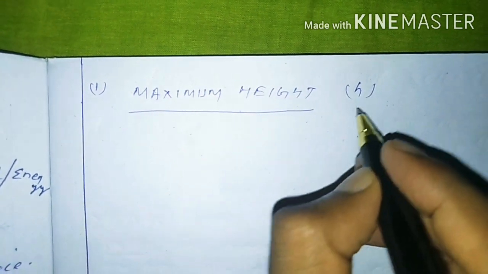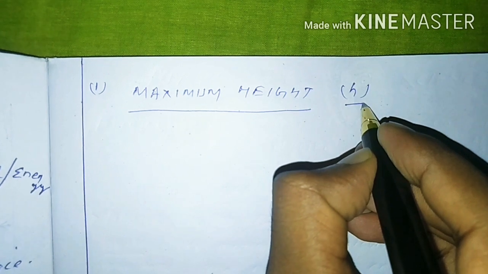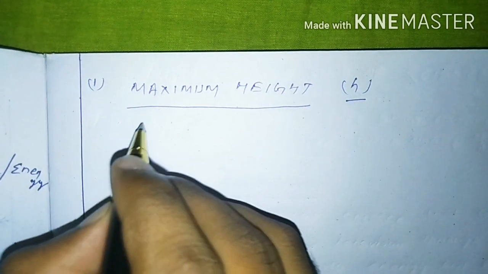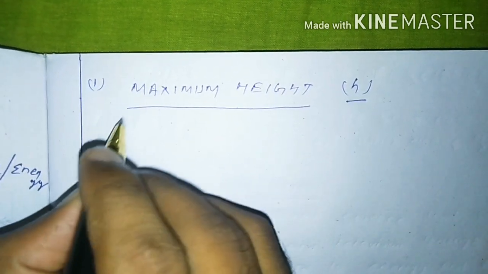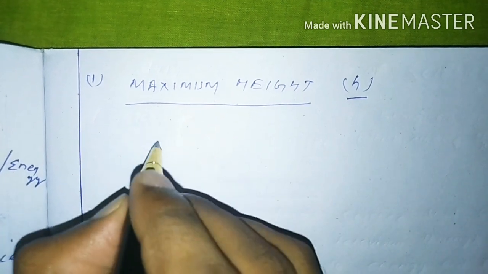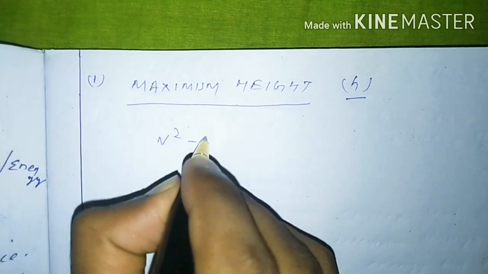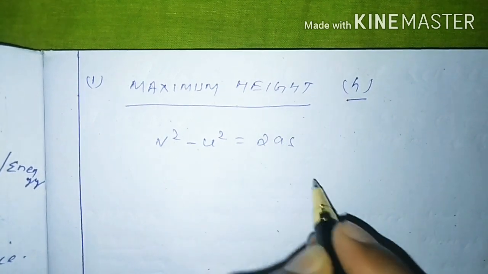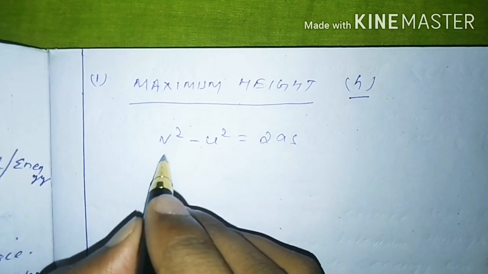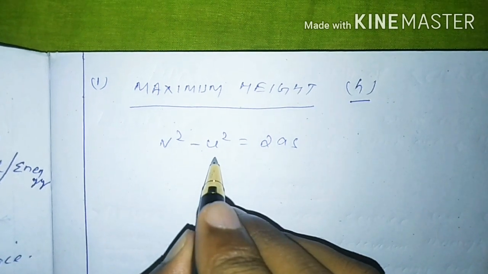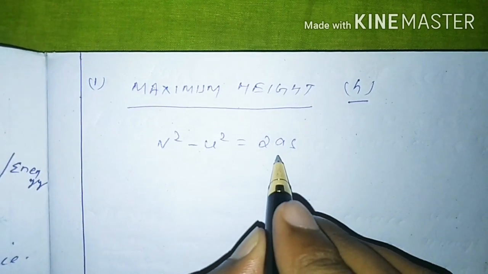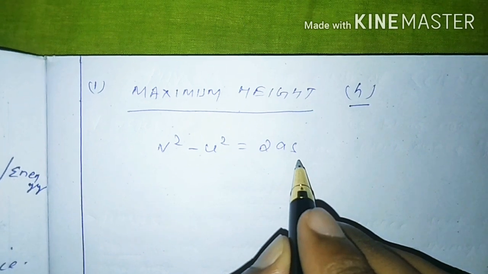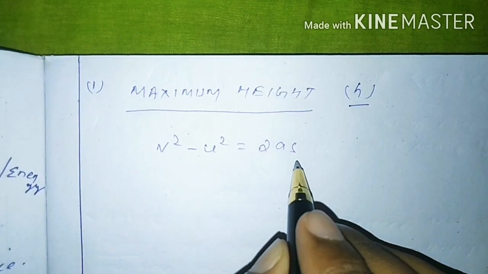So we denote it here by small h. Applying the third kinematics equation, that is v square minus u square is equal to 2as, where v is the final velocity, u is the initial velocity, a is the acceleration, and s is the distance covered by the body.